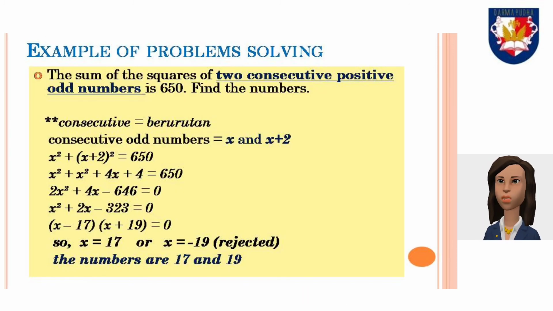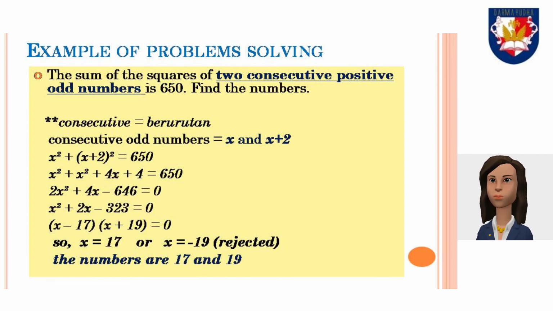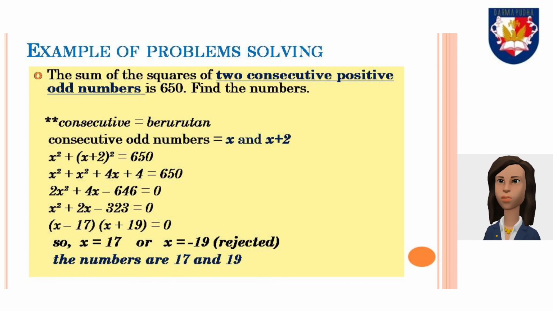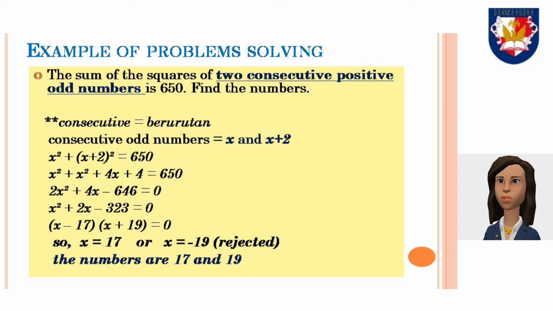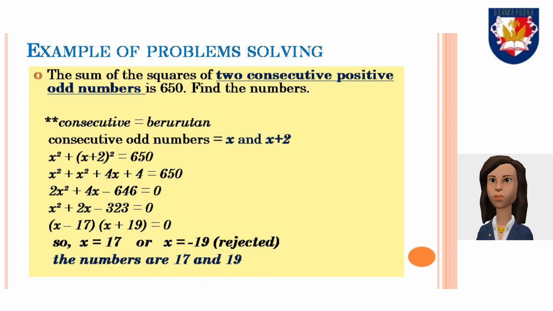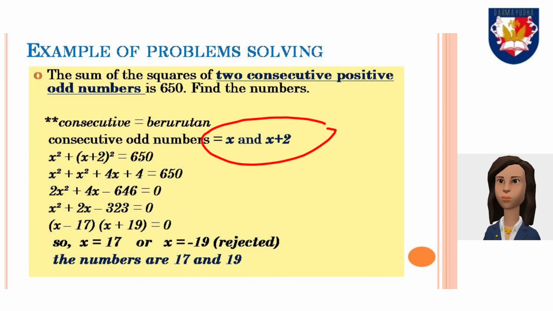Now look at the next example of problem solving. The sum of the squares of 2 consecutive positive odd numbers is 650. Find the numbers. Remember, consecutive means berurutan. So, the consecutive odd numbers, we make as x and x plus 2.